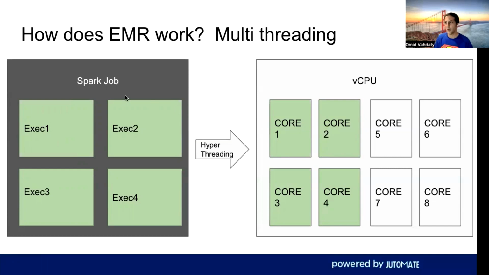So essentially, a Spark job can take, in this example, 50% of our vCPUs in the cluster. So it's quite similar to multi-threading. If you know how to write an application that uses 4 cores out of 8, then essentially you're doing multi-threading. So while working with Spark, you're essentially doing multi-threading very easily. Is this slide clear?